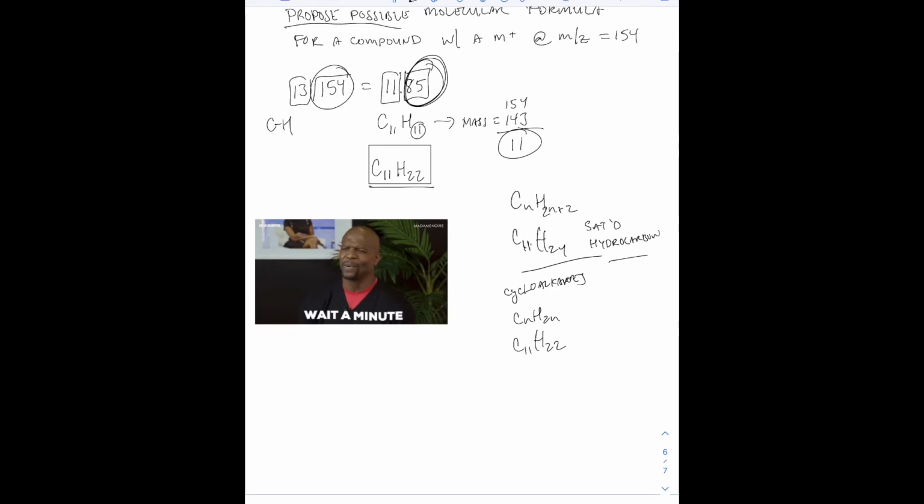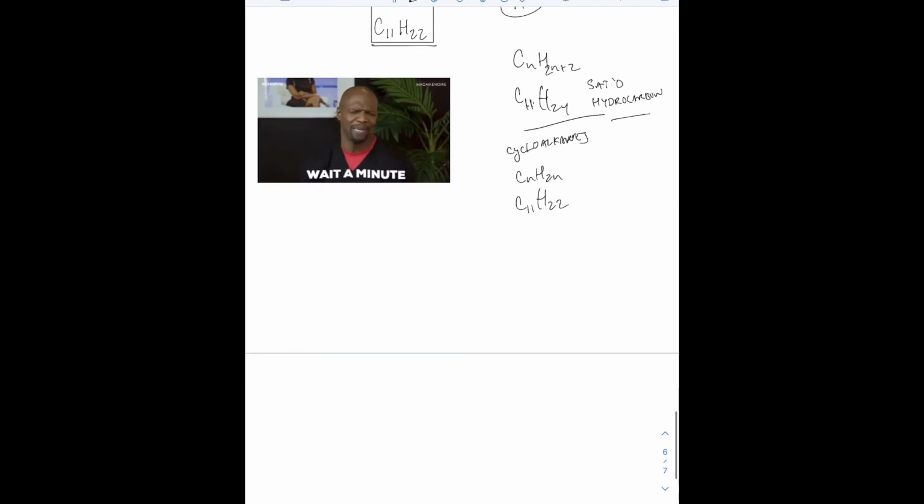Okay, so this leads me into a discussion on other possibilities of having heteroatoms and how they might affect the total hydrogen count.